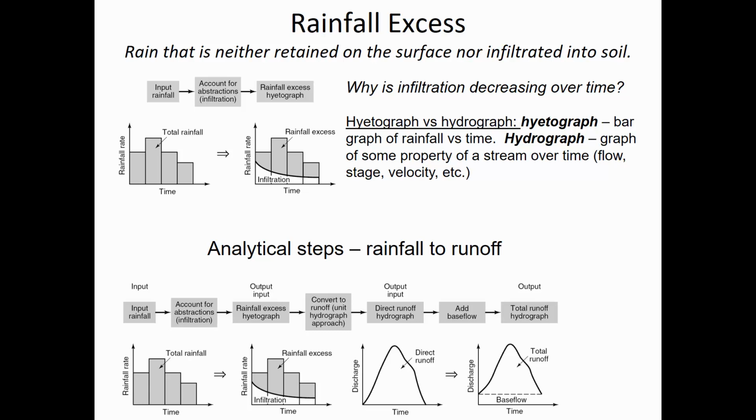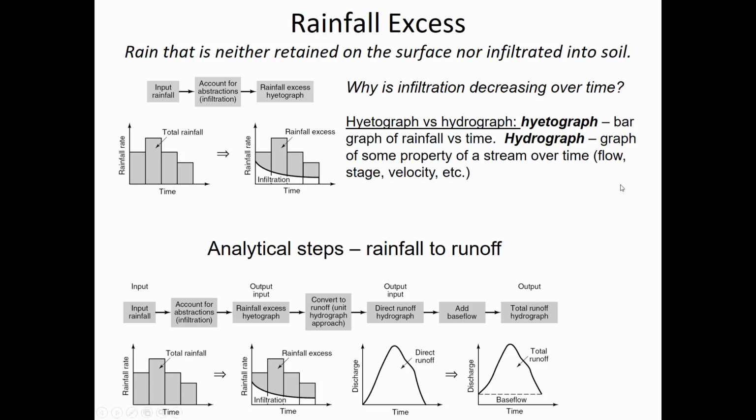The output is going to be the hydrograph, and then on top of the response to the storm, we move the hydrograph upward to account for base flow, which is the groundwater that's going to be in the channel anyway, whether it's dry or whether it's wet. And so then that gives us the total runoff hydrograph.